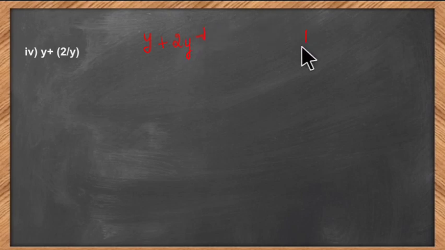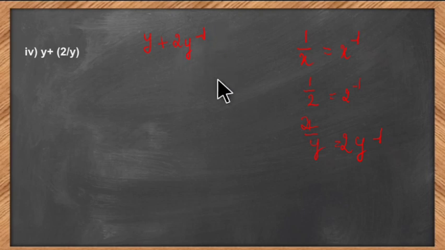If you have any fraction like 1 by x, you can write that as x to the power -1. If you have 1 by 2, you can write 2 to the power -1. In the same way here 1 by y, we can write y to the power -1. And in the numerator you are having 2, that you have to write as it is. So this one we can write as y plus 2 into y to the power -1.